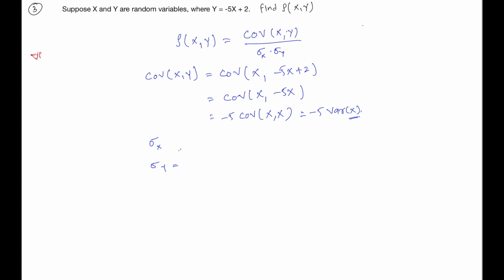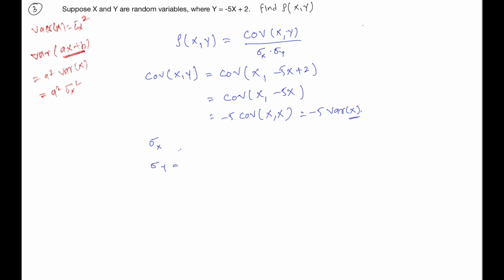That the variance of this random variable ax plus b is nothing but a square times the variance of this random variable x. So if the variance of x is sigma x square, then the variance of ax plus b would be a square sigma x square, right? This we have seen already in the property of the variance.